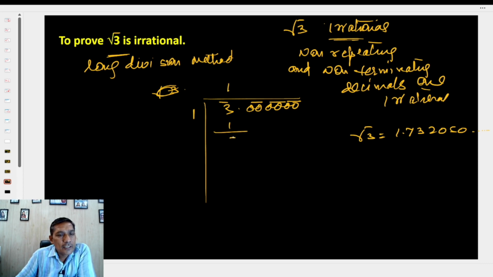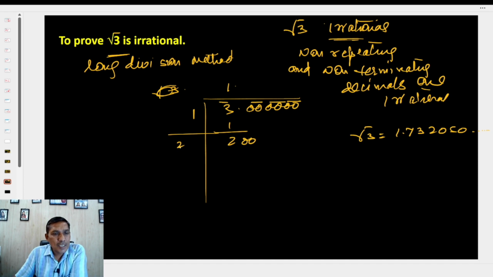Give me 1 here, 2, put point, take double 0. Double of 1 is 2. Now you have to put some number with this multiplied by the same number, so the resulting number is less than 200. I put 7 here. It gives you 189. That is, the remaining is 11.